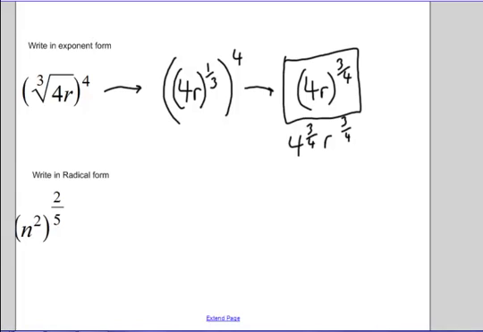Alright, let's do this one here. Write in radical form. So I'm going to go to radical form. So the first step is, let's write it as a complete fraction without a parenthesis. So this is the power of a power. I need to multiply the exponents.